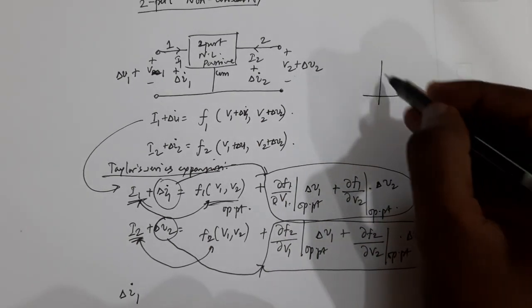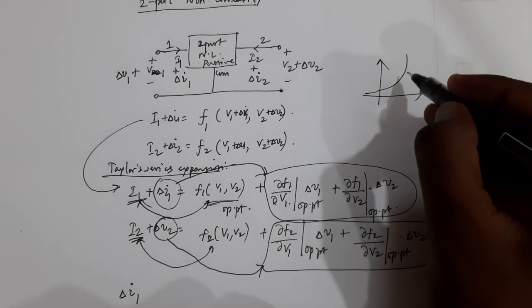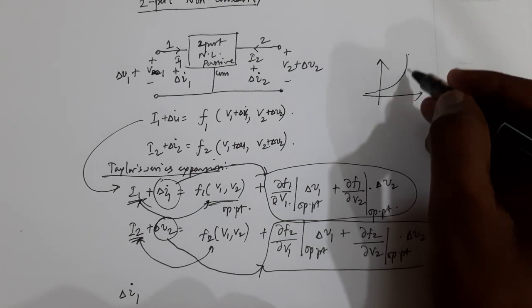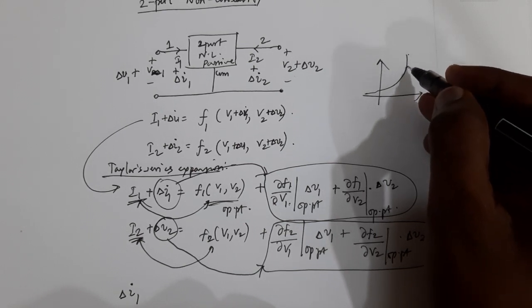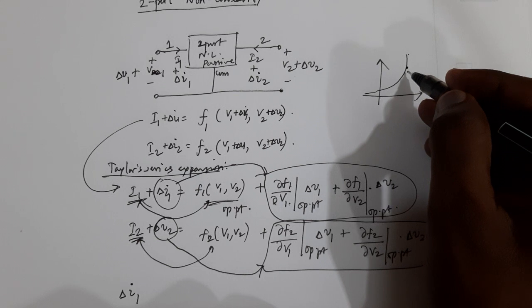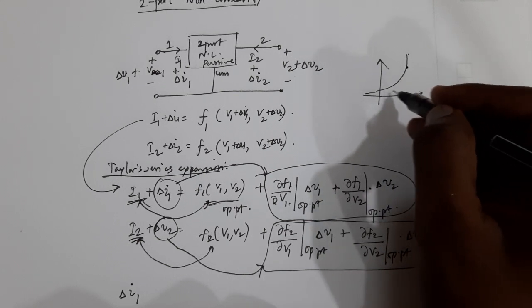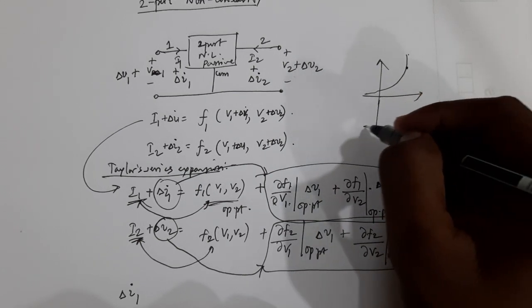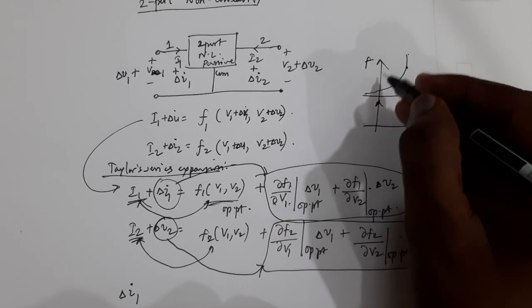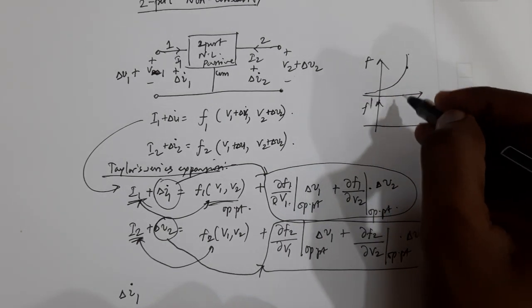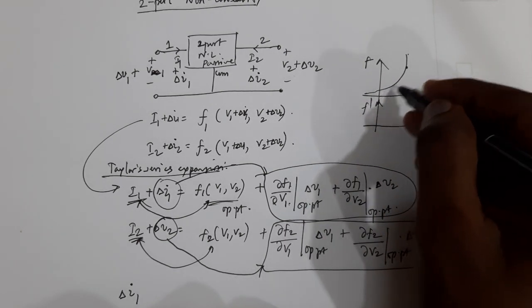Say this is my non-linear function; you take the slope of the function at any one point, it is going to be a constant. For example, say this is some function and f dash of that function will be the derivative of this, right?